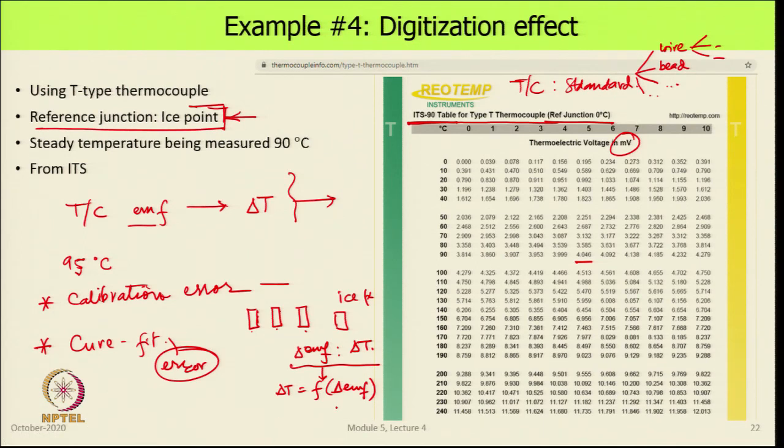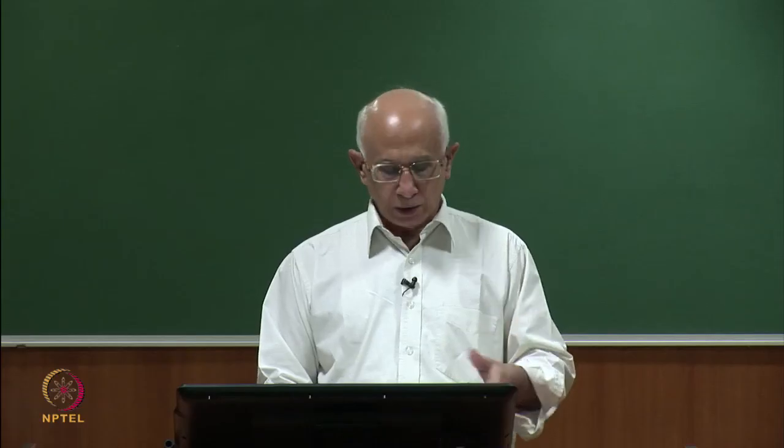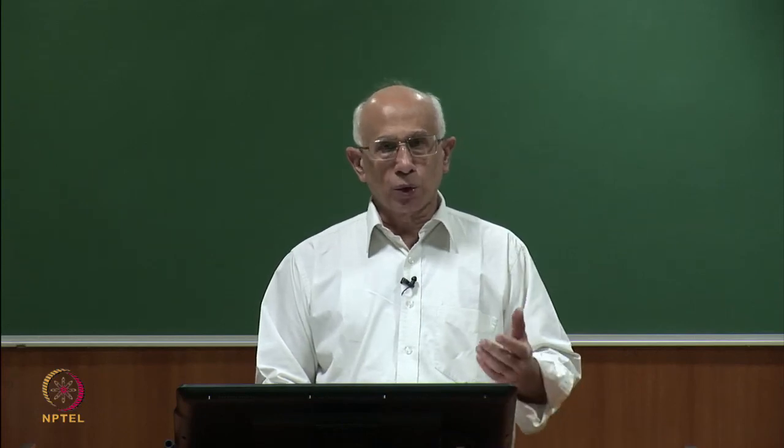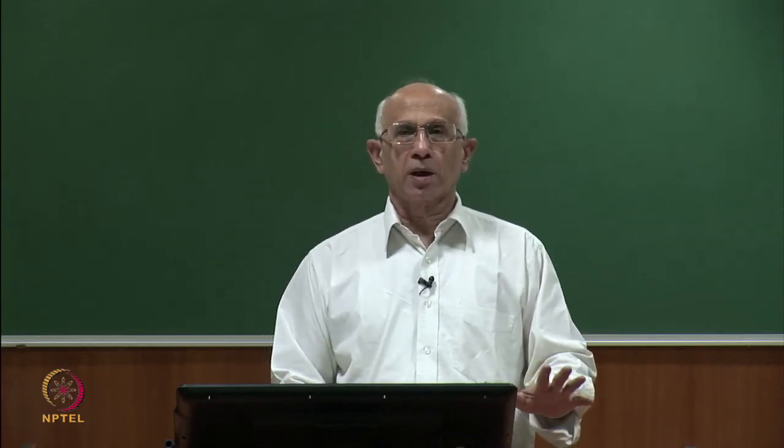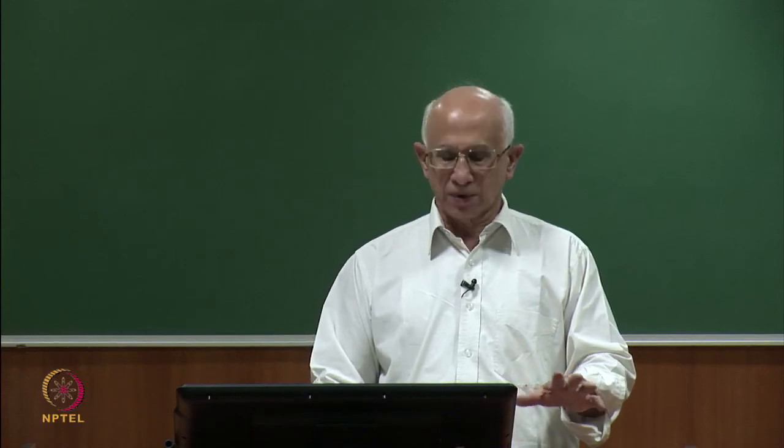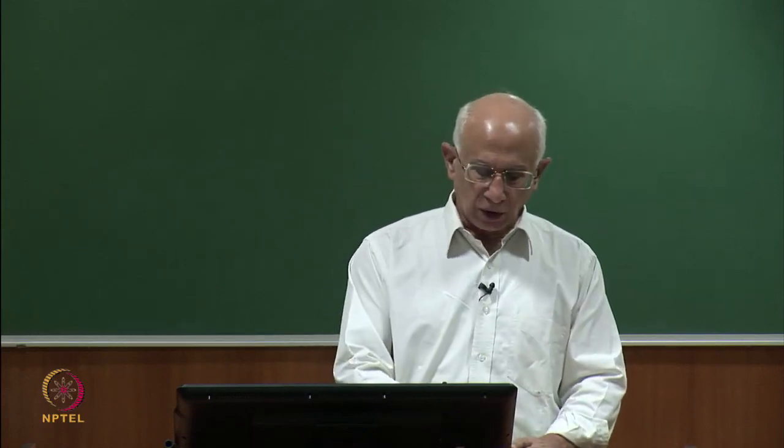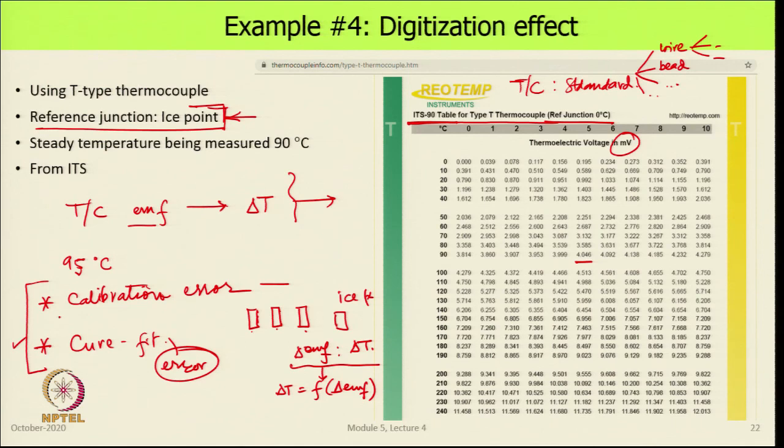In the example I gave, we did not have to worry about it because the indicator itself had all these things built into it, and after doing all that, they have quoted the error or the accuracy of the device as something. So, they took care of these things, especially calibration.